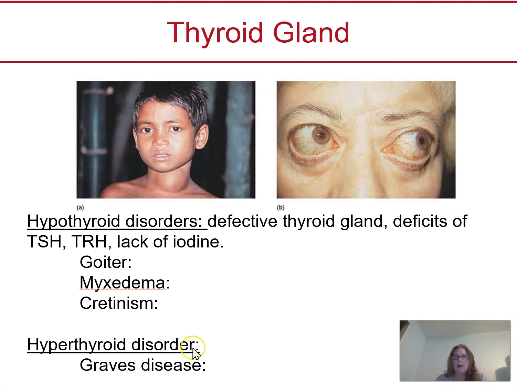Whereas hyperthyroid is too much thyroid, commonly called Graves' disease. One of the common hypothyroid diseases is Hashimoto's thyroiditis. These tend to be autoimmune disorders as well. Graves is definitely an autoimmune disorder, and Hashimoto's can be as well.